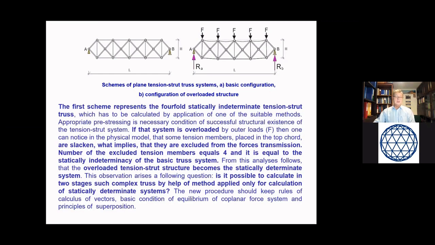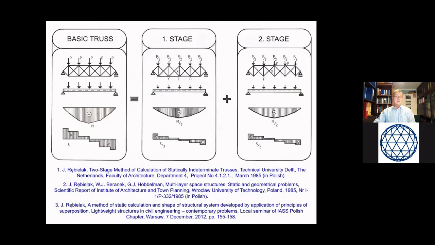This observation raises the following question. Is it possible to calculate such a complex truss in 2 stages by means of a method applied only for the calculation of statically determinate systems? The answer to the question is presented on this slide.